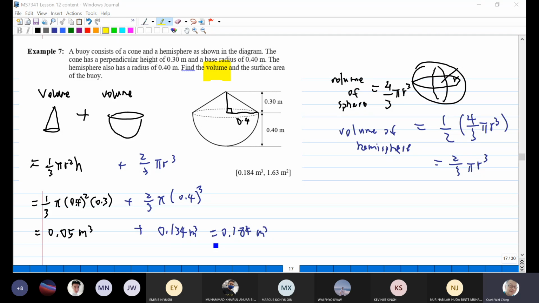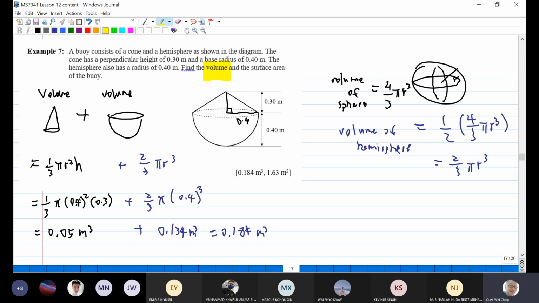Look at this. So this is example 7, part A.